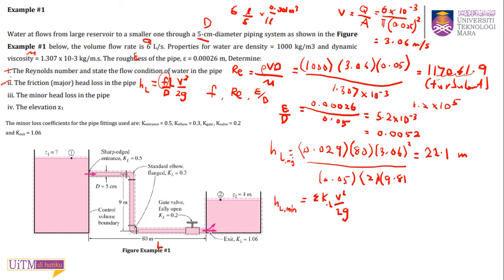So you need to sum all of the KL first in this pipe. You have the K entrance, which is given here as 0.5.